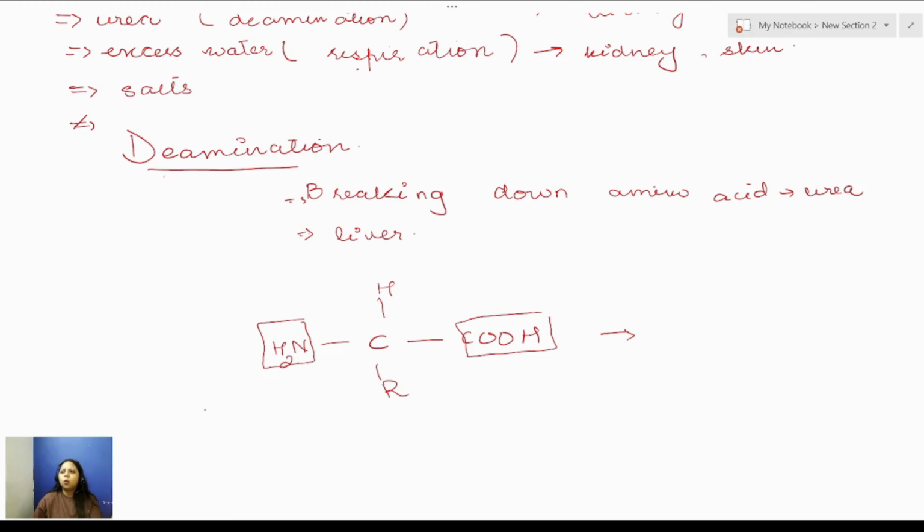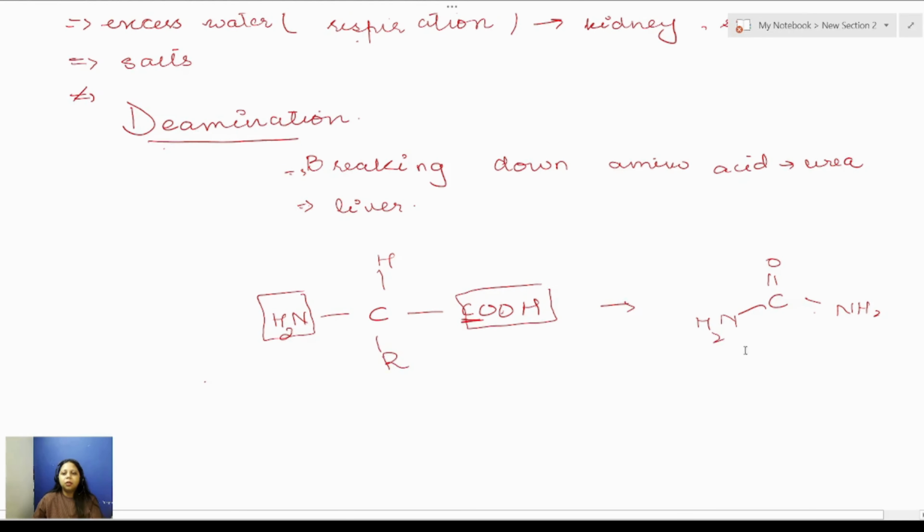That is removed, but what does the structure of urea look like? It's C double bond O, and on both sides there is an amine group. It's simple. If you have a carboxylic group, this OH would be removed. On both sides there would be NH2. You should know the formula of urea, though it's not included.